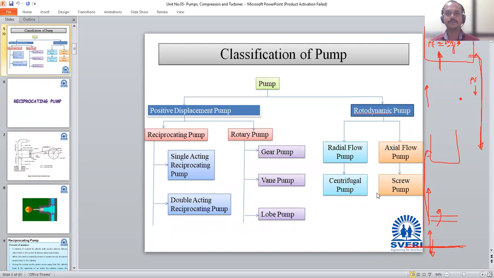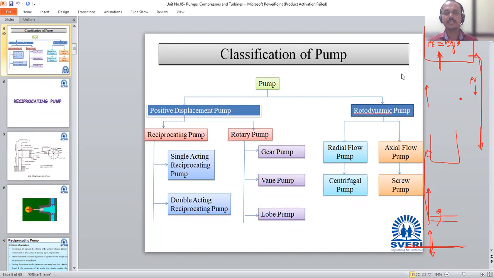First one is the positive displacement pump, which means we apply pressure or force directly on the water, so due to that pressure it moves from a lower level to a higher level. In the positive displacement pump, first is the reciprocating pump, which is again single acting and double acting reciprocating pump.